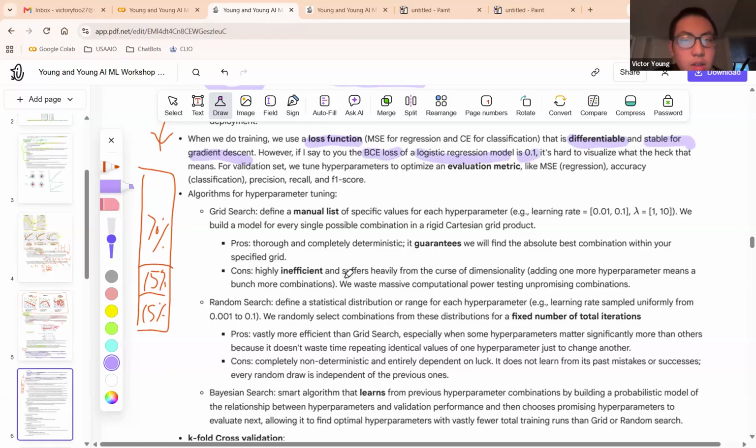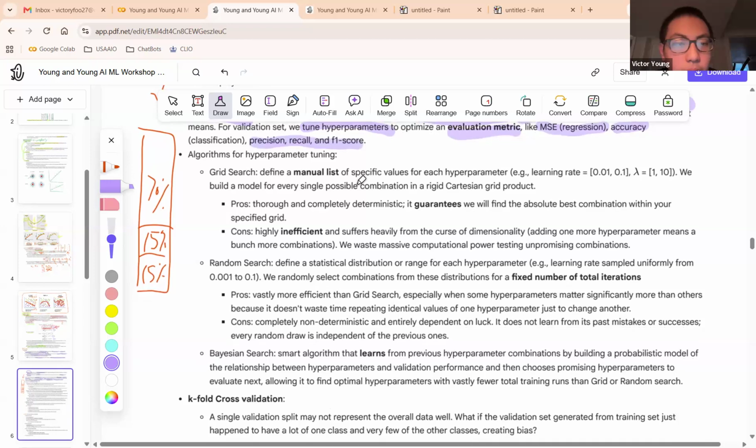But when I say the accuracy of a logistic regression model is 0.9, then I know that's very good. So on the validation set, we tune hyperparameters using an evaluation metric. And we also talked about all of those yesterday, like MSE for regression. MSE is both the loss function and evaluation metric. But for classification, we use accuracy, precision, recall, F1 score.